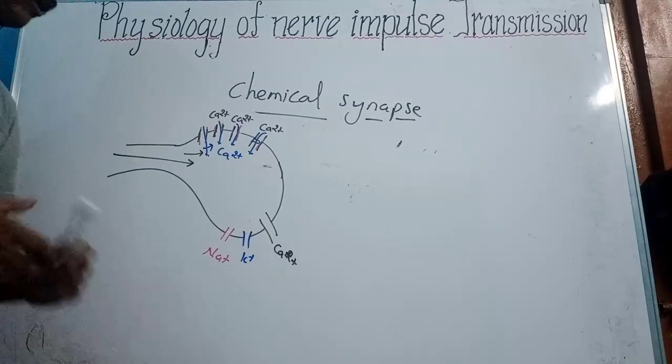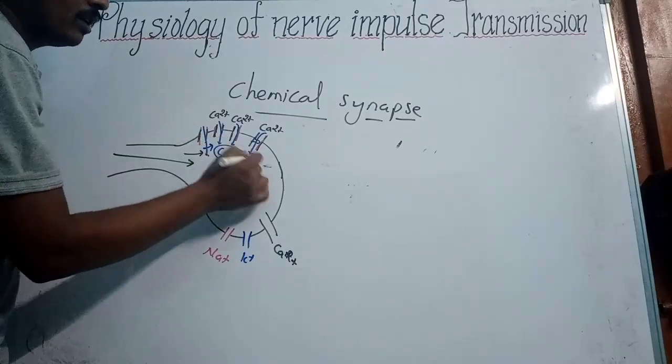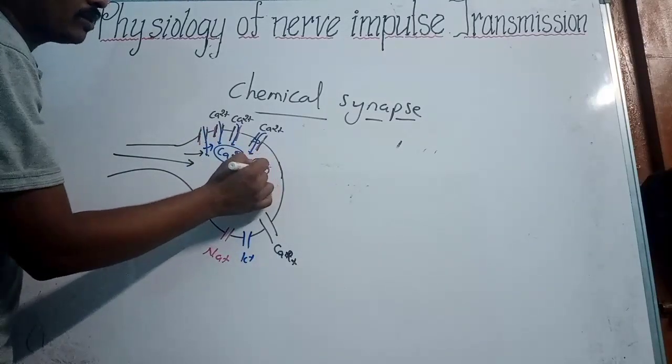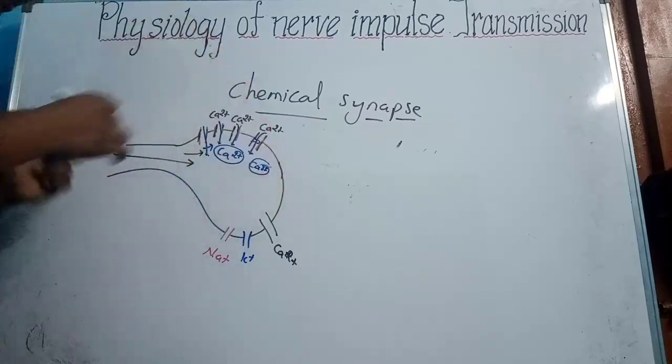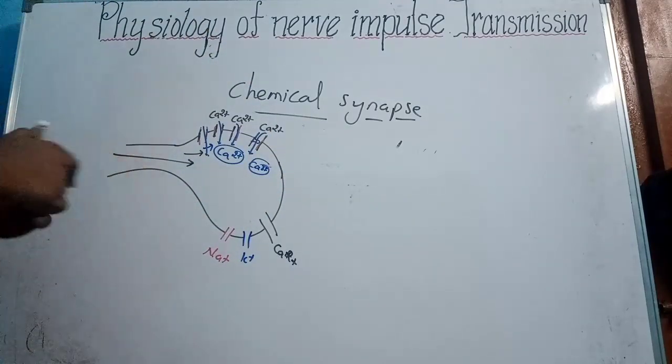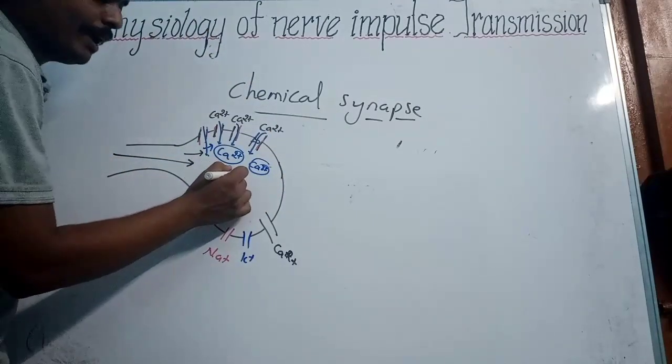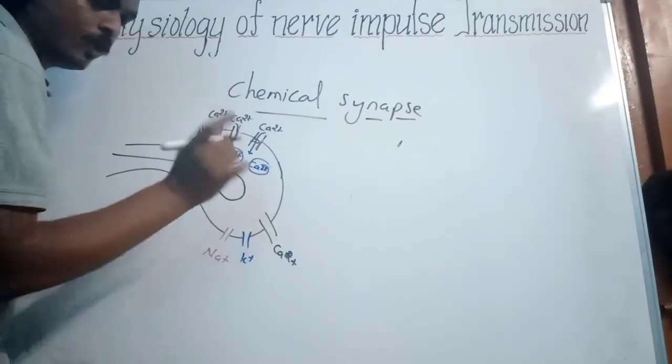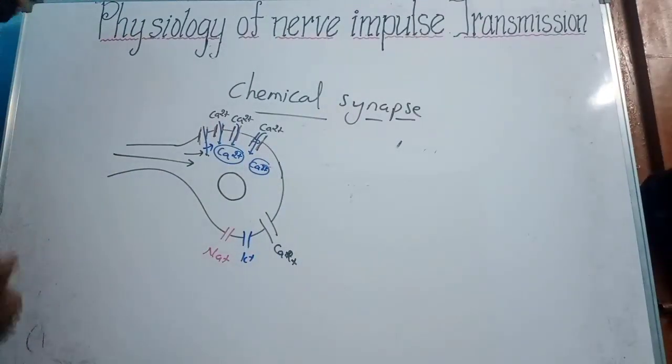Now what will these calcium ions do? We will have a lot of calcium ions, a happy boy coming in. So they came in, and what will they do? They will bind with the synaptic vesicles. I am drawing only one vesicle for us to understand.